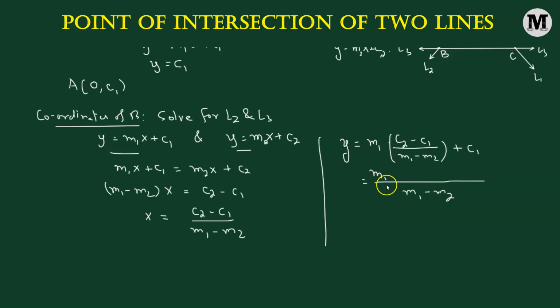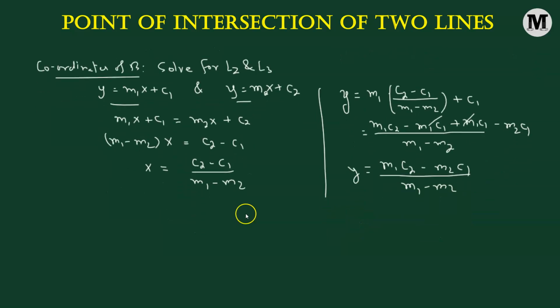In the numerator we have m1c2 minus m1c1 plus m1c1 minus m2c1, so the numerator is m1c2 minus m2c1, all divided by m1 minus m2. So the coordinates of point B are: x is (c2 minus c1) divided by (m1 minus m2), and y is (m1c2 minus m2c1) divided by (m1 minus m2).